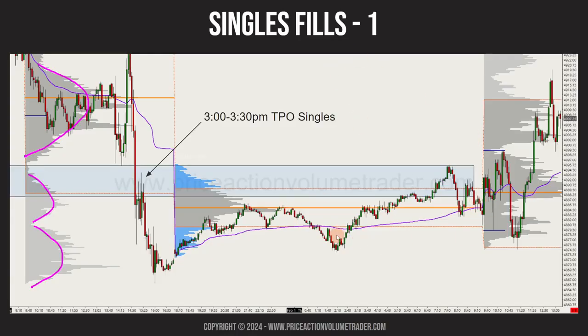This is the same example, but now we're looking at it from an intraday perspective. And we have here, again, the regular trading hour session, where I said we build a lot of volume up here, but then late in the session, a very impulsive move down. And you can see from the volume profile, we did make two little high volume nodes here.